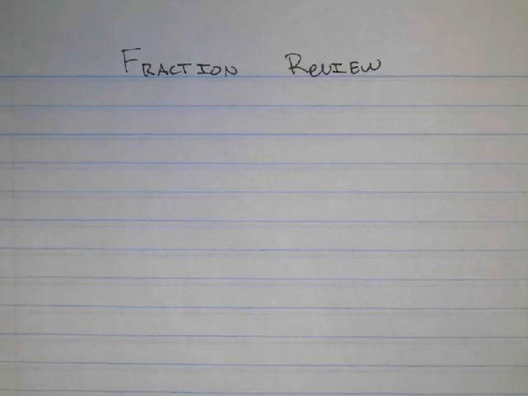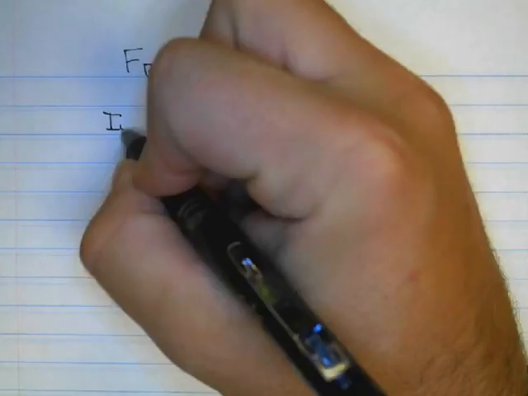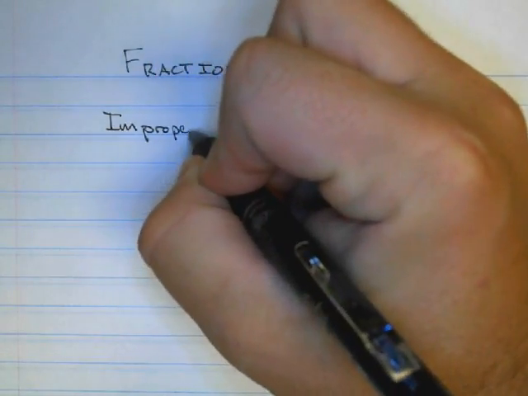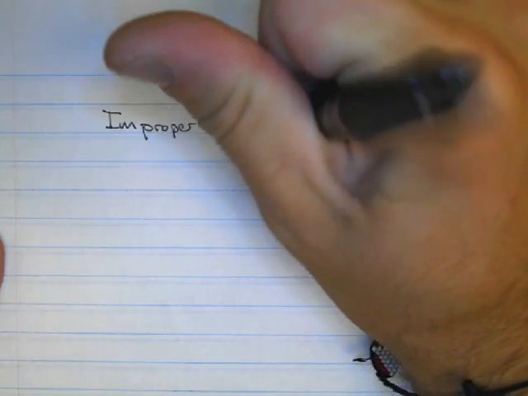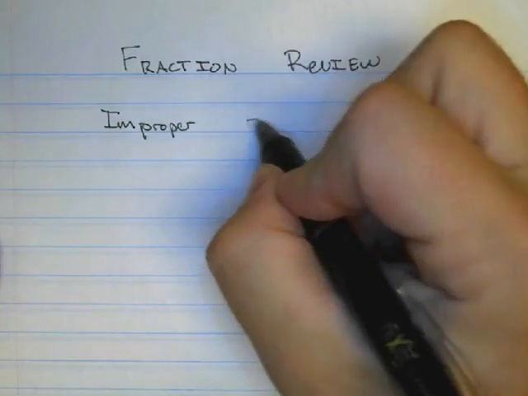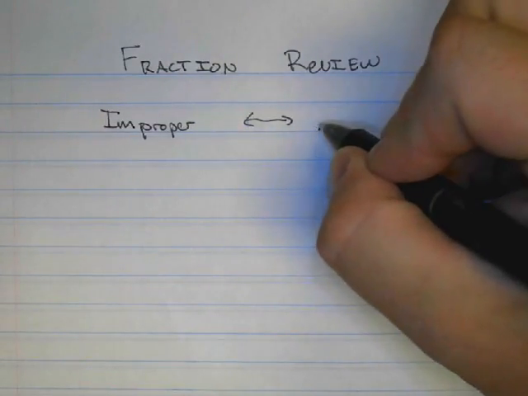The first thing I want to talk about is converting between a mixed number and an improper fraction. So we will go back and forth between an improper fraction and a mixed number.